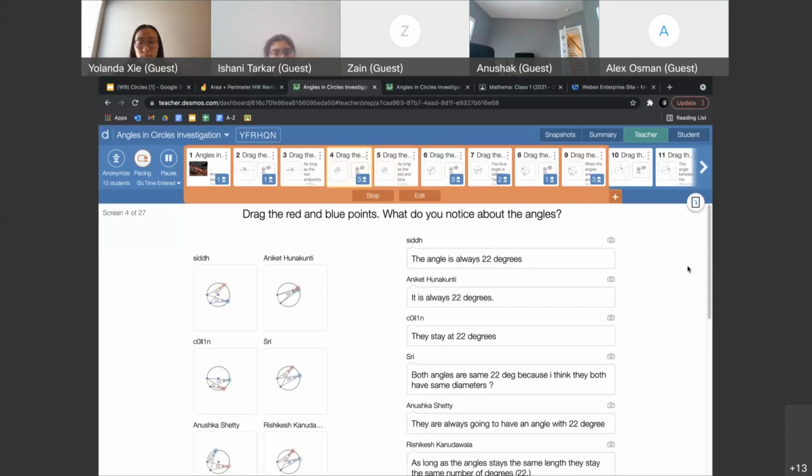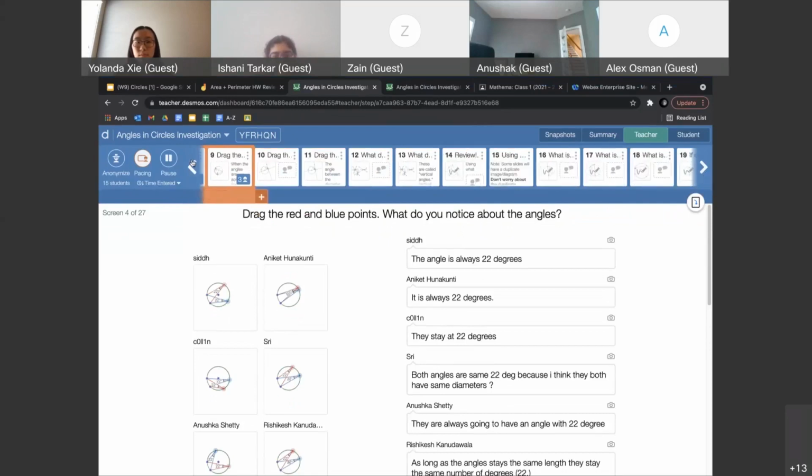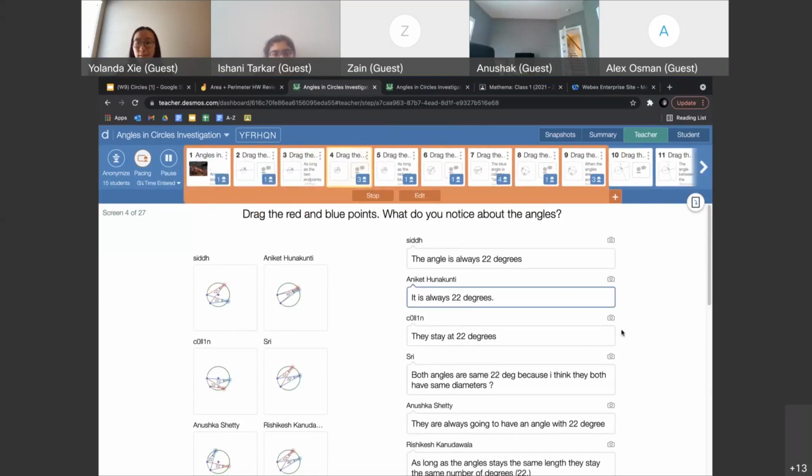It works now. Okay, awesome. So we will give you guys a little bit longer to work on these next slides, and then Ishani will go over the concepts just to make sure everyone gets them.